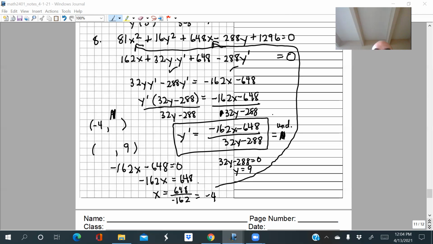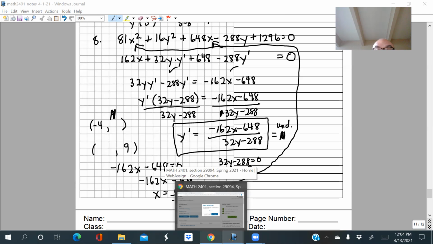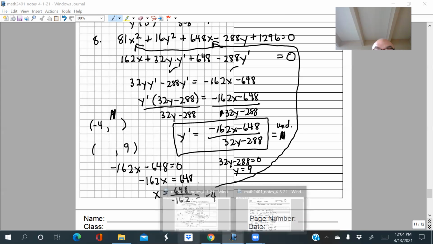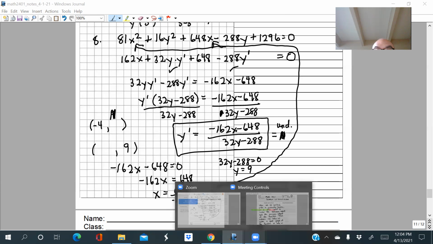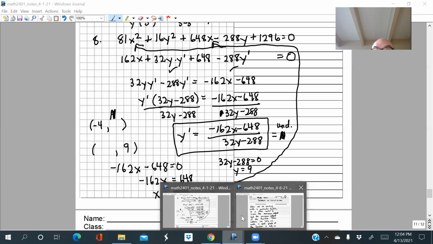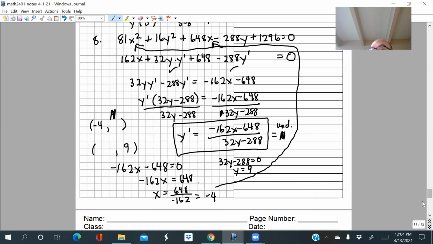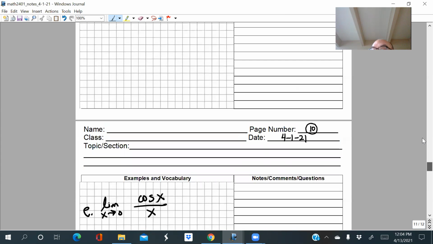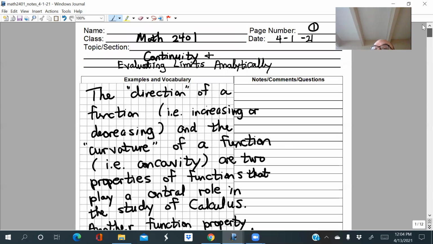Okay, so let's continue with limits. Let me scroll back up to the top.